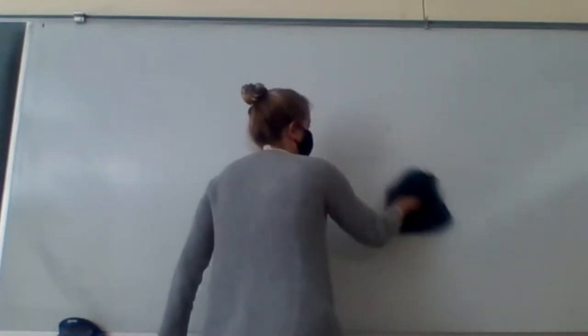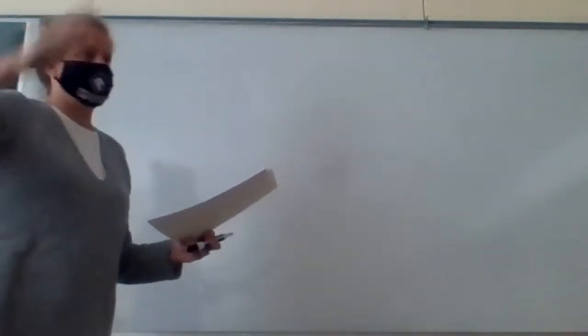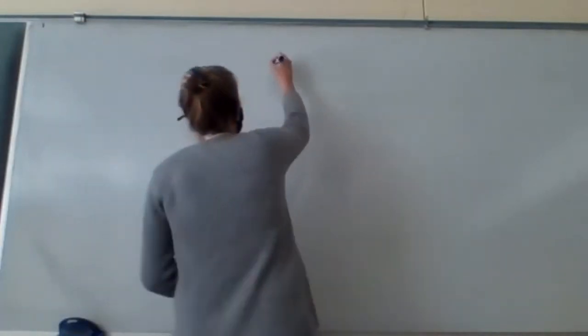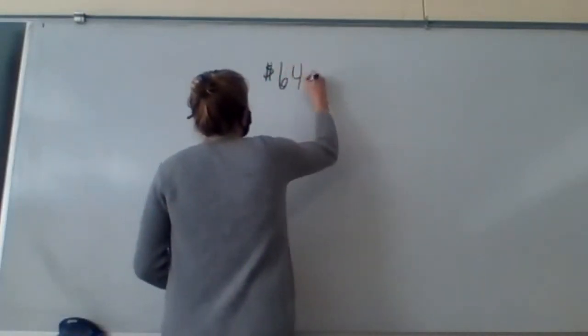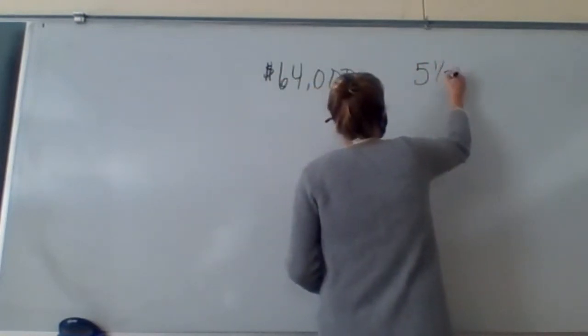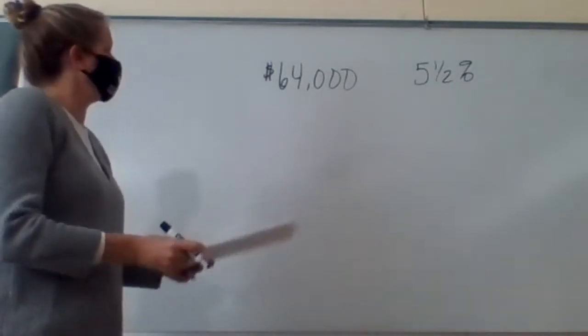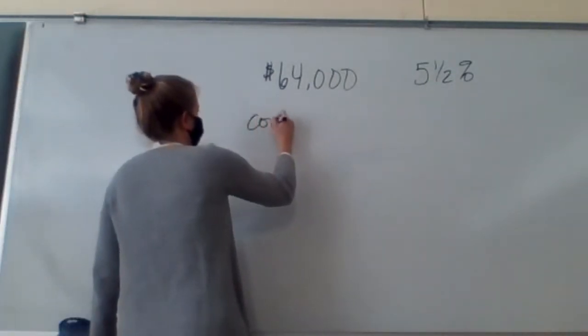Okay, so after that, we got into some real world applications of these exponential problems, talking about investments. So let's say, suppose that you had $64,000 invested at 5.5% interest, and it's compounded quarterly.